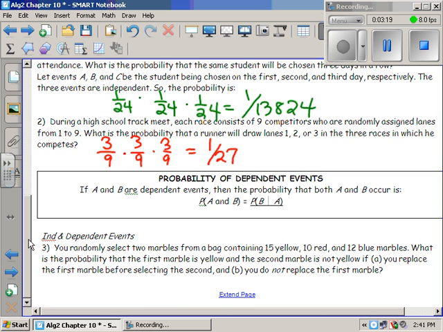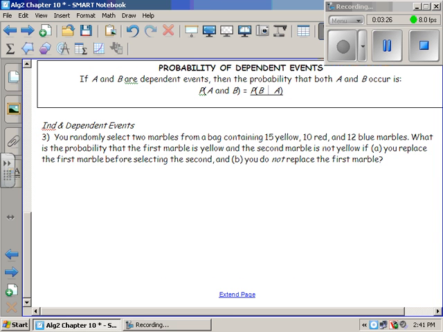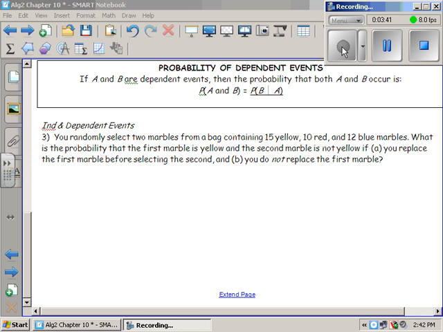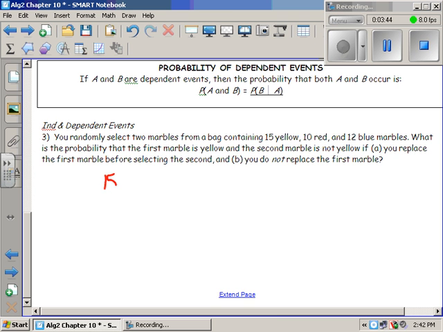Okay, now a dependent event. Again, independent or dependent kind of depends on whether one affects the other. So in the first one, you randomly select 2 marbles from a bag containing 15 yellow, 10 red, and 12 blue. So altogether, 15 yellow, 10 red, 12 blue, that's 37 marbles altogether. All right?